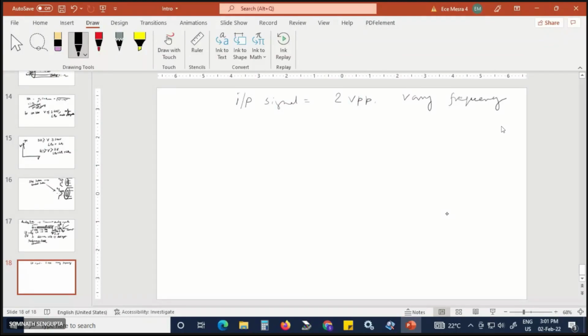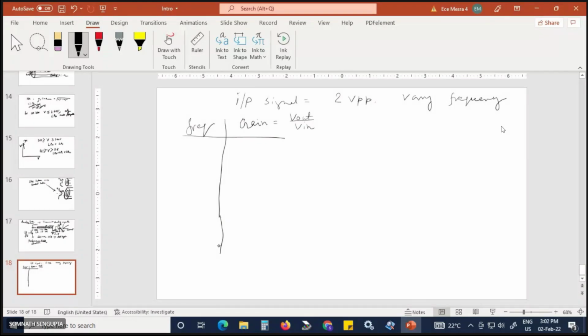So you make one table like normally people do, that is frequency versus gain or output voltage, V out by V in.